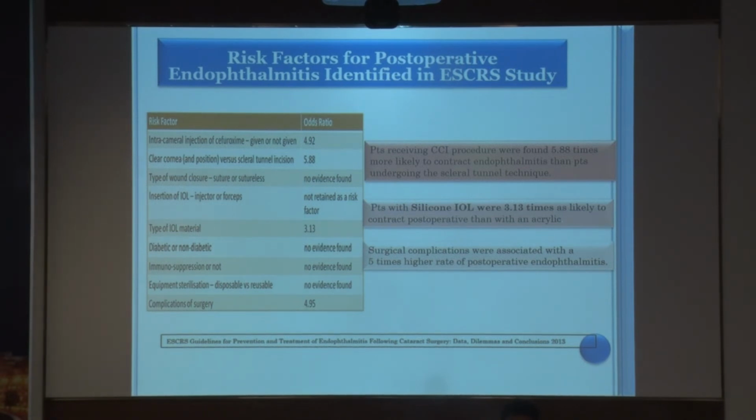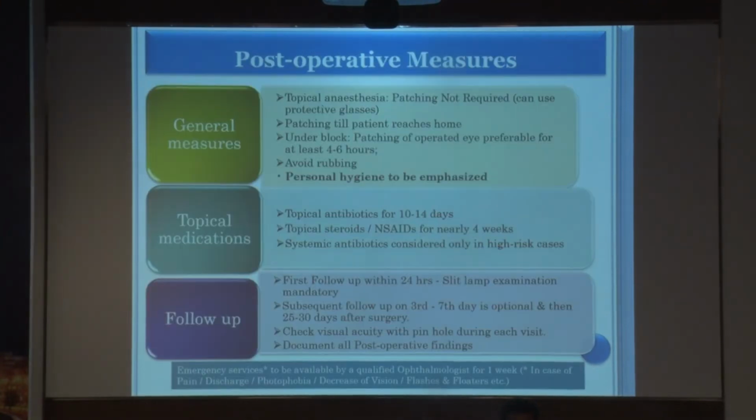Then some IOL-related factors were also seen: it is a known thing that silicone attracts adhesion of all these molecules and microbes. So they reported a 3.13 times higher risk of endophthalmitis if a silicone IOL was used. But these days we are not using silicone IOLs, so that doesn't carry much meaning.